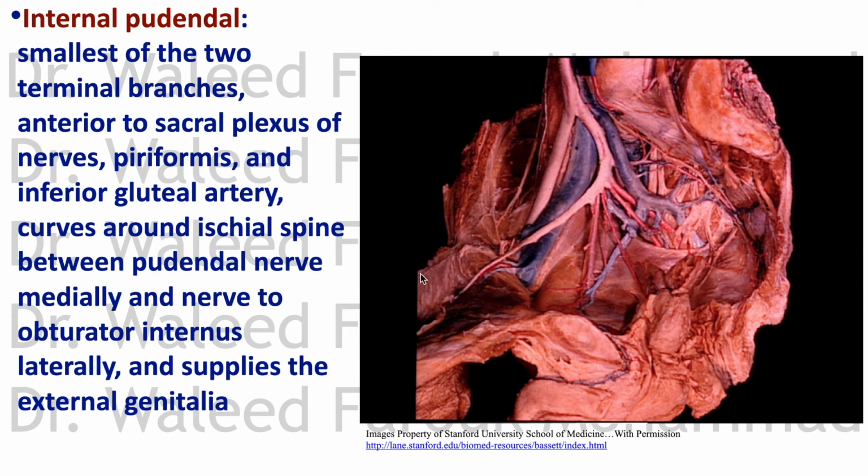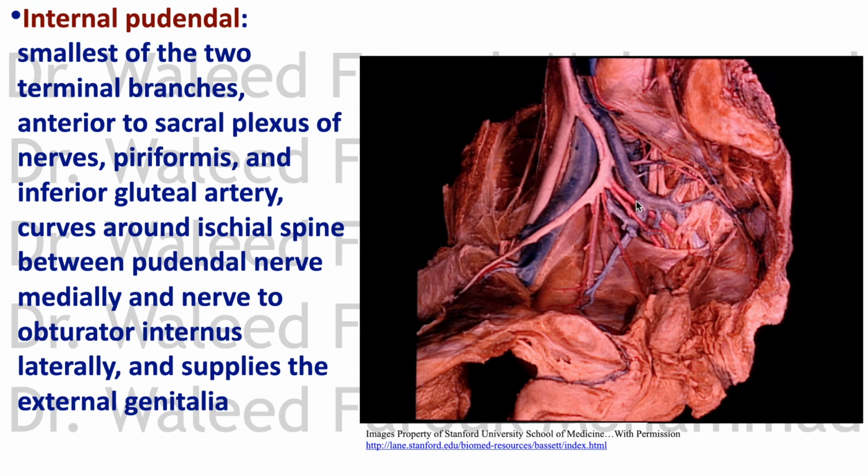The internal pudendal artery. This is the internal pudendal artery. See, this is the inferior gluteal, and this is the internal pudendal artery. The internal pudendal artery is one of two terminal branches, anterior to the sacral plexus, as you can see here, and the piriformis, and inferior gluteal artery.